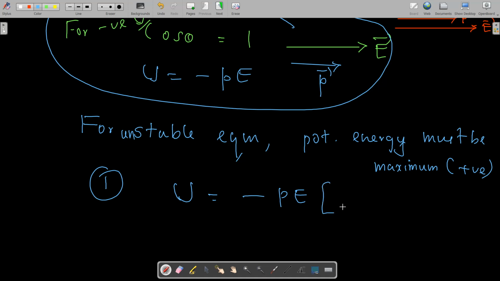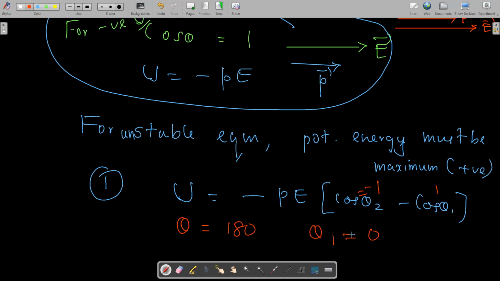For getting this positive value, cos theta 2 should be minus 1 and cos theta 1 should be 1. So for cos theta 2 to be minus 1, theta 2 should be 180, and theta 1 equal to 0 degree.